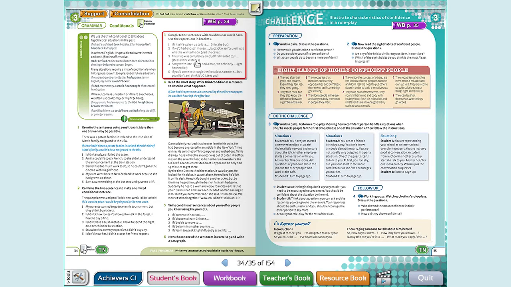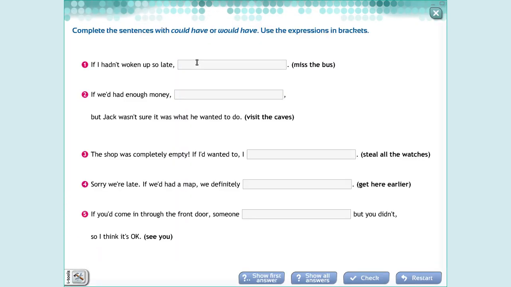Now, I want to do exercise 3 with you. In exercise 3, you complete the sentence with could have, would have, and use the expression. Okay? So here I have third conditional, all of them.